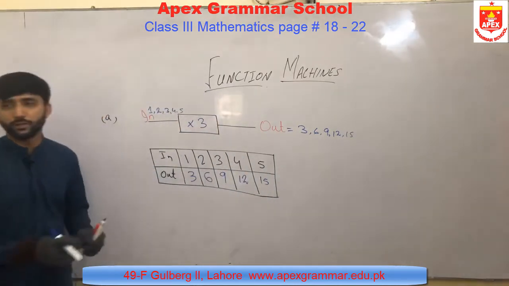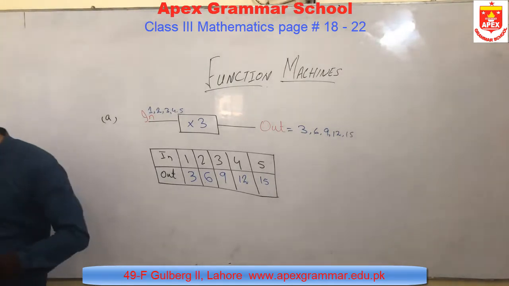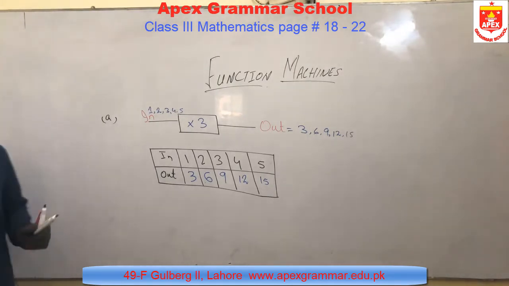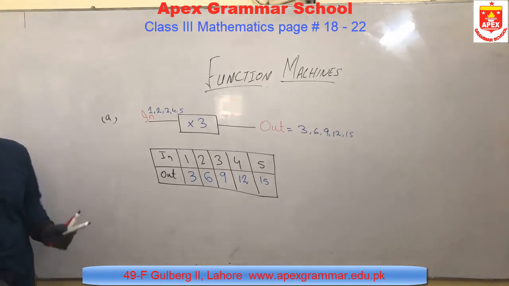This is how to do the sums of the function machines. This is A part of this. This is the single function machine. Now let's do an example which has a double function.